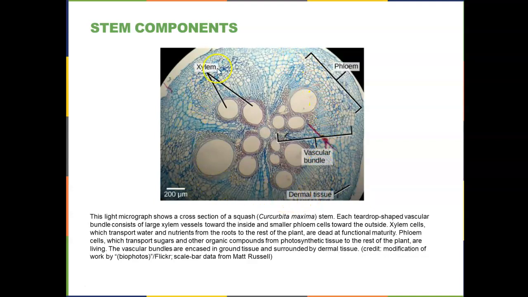In this particular case, lots and lots of cortex around the outside right here, and then some pithy material towards the inside right here. But also, because it's a very young stem, the stem is dominated by vascular tissue, which is most of what we're looking at inside here. And so here it's illustrating a vascular bundle, which consists of xylem tissue towards the inside.